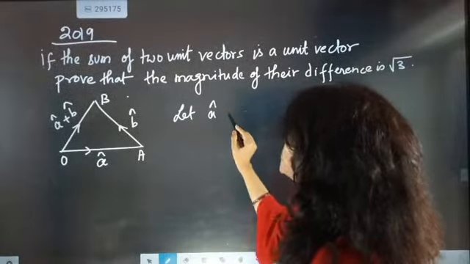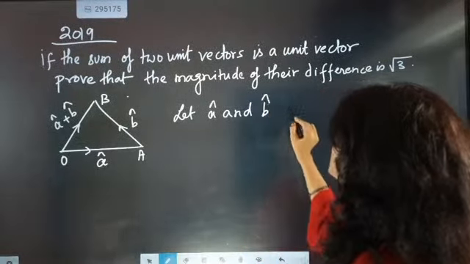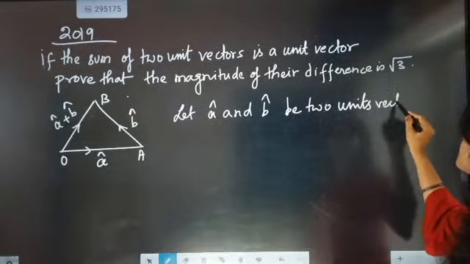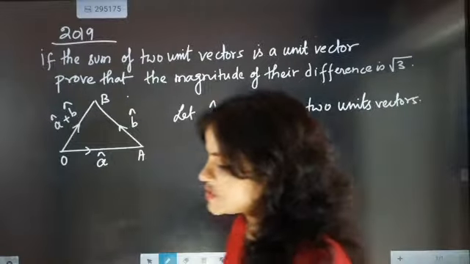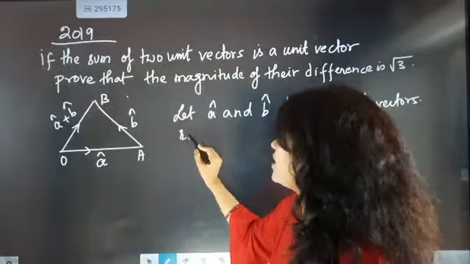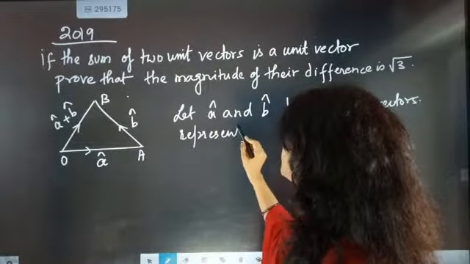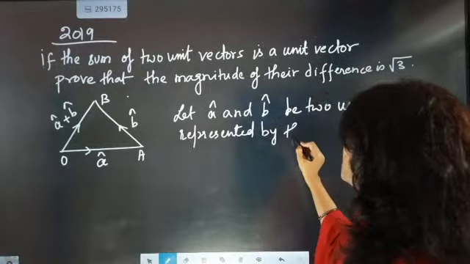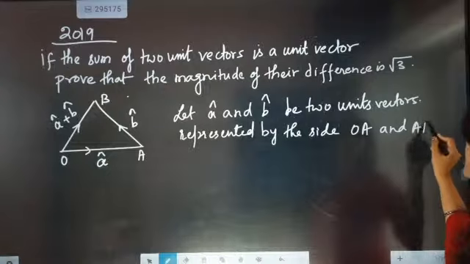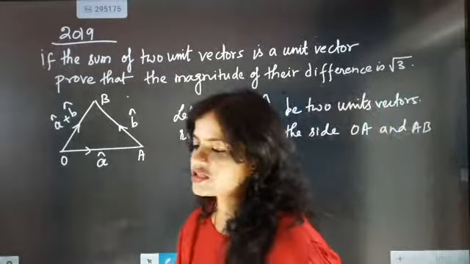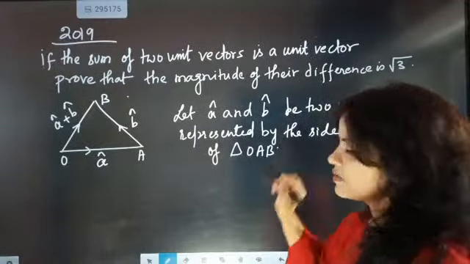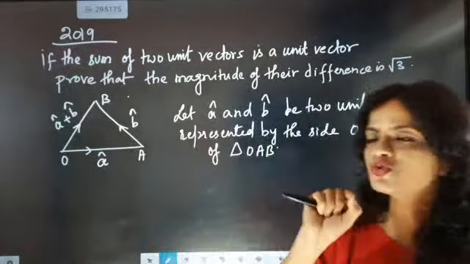Let this one and this one be two unit vectors represented by the sides OA and AB of triangle OAB, because we have represented them in the triangle.